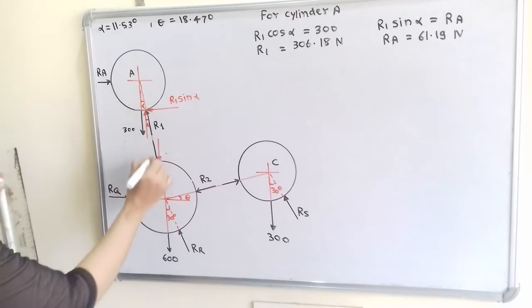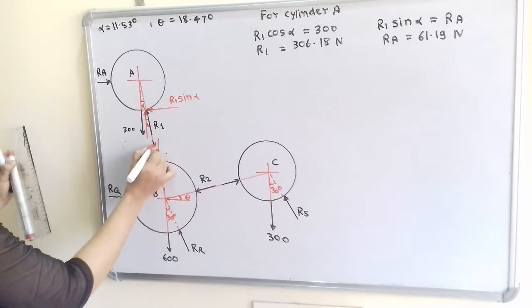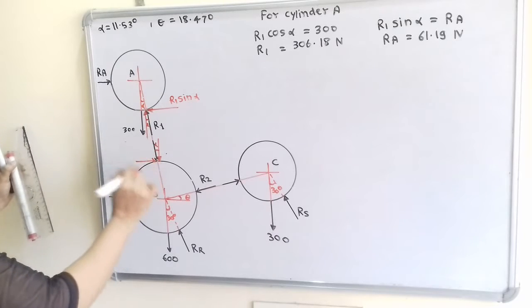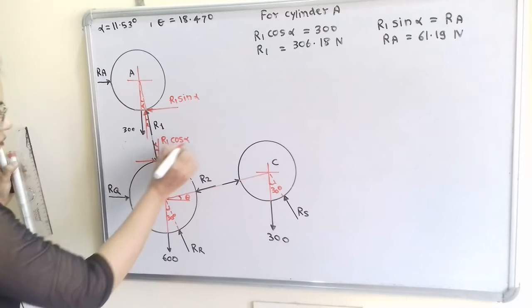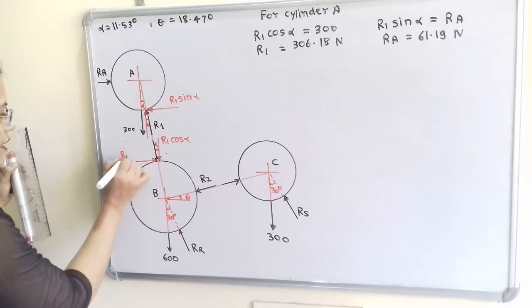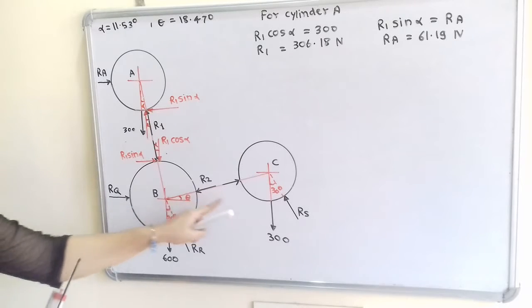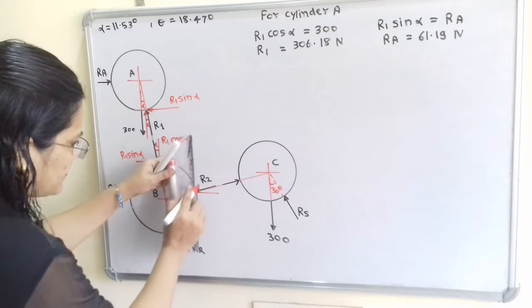Now for the vertical component, R1 is making an angle alpha, because in between this vertical line and inclined line the same angle is there. So its value is R1 cos alpha, and for this horizontal line R1 sin alpha. Now here for R2 we will draw the horizontal component and vertical component.